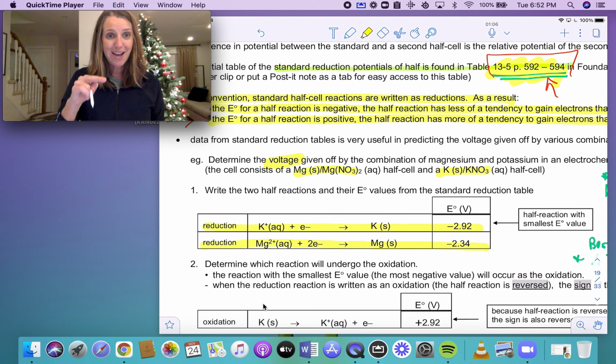Every value on that reduction potential table is a reduction. Your job is to look at the E0 values and figure out which one of these two, if they were together, would actually get reduced and which one would get oxidized.